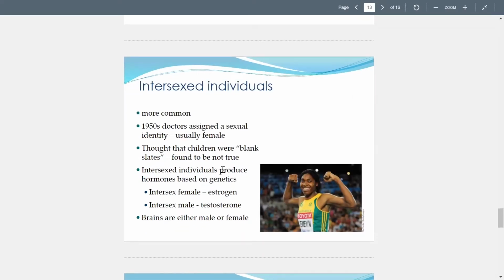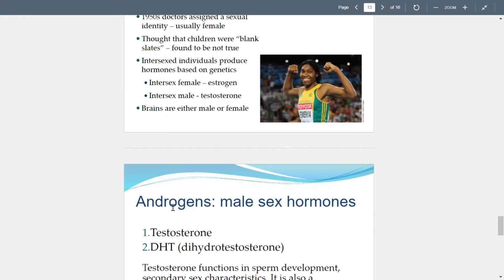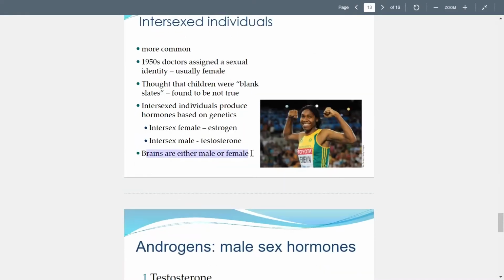Intersexed individuals produce hormones based on genetics. So intersexed females produce estrogen, and intersex males produce testosterone. But the brains are either male or female.